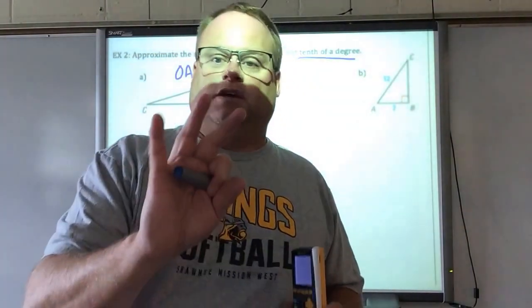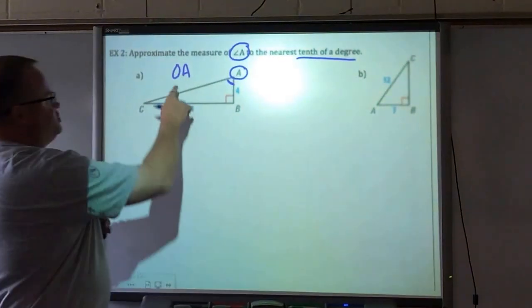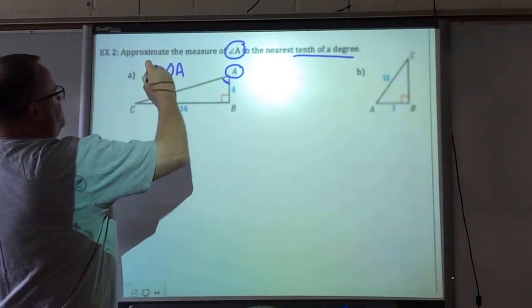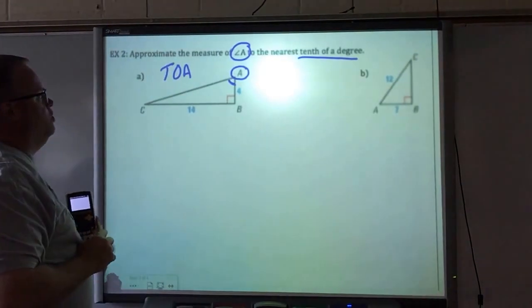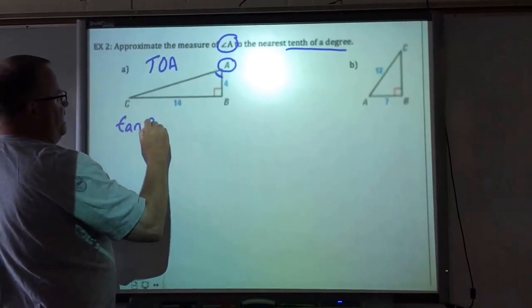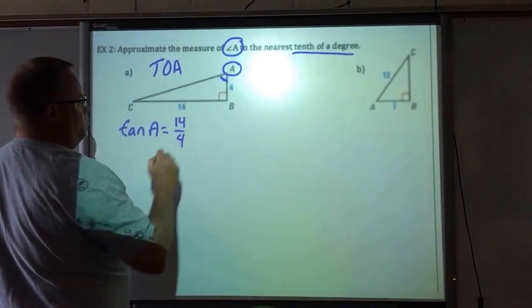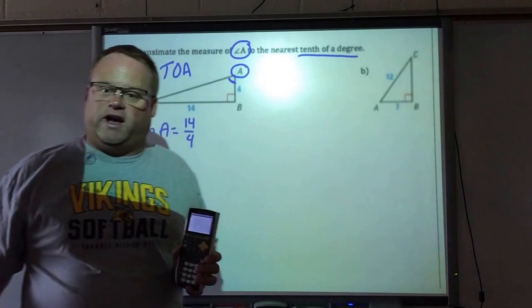Adjacent and opposite. Which of the SOHCAHTOAs do we want to use? SOH, CAH, or TOA? It should be TOA. So here we go. Tangent of A is going to be equal to 14/4. That's how I would originally write it, correct?